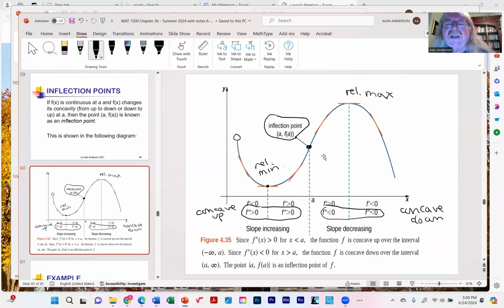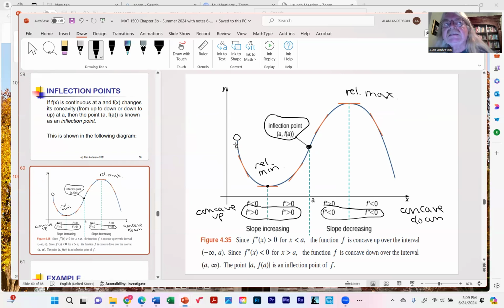So here we have an inflection point because if you notice, the curve in this first interval is concave up. But then all of a sudden it's concave down. How do you know? Because if you notice, the slope is flattening out.